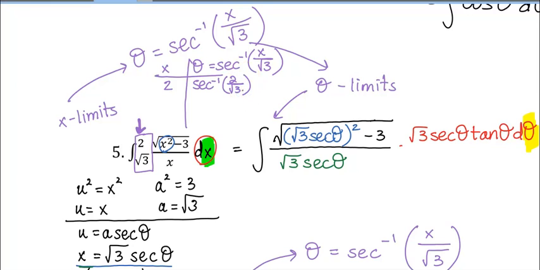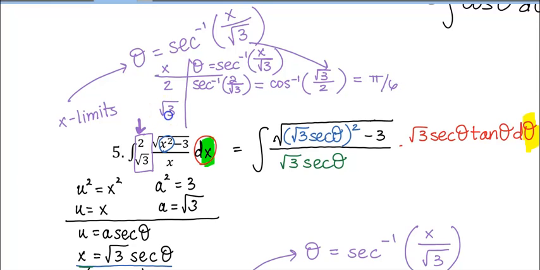This is going back to 172, so if you need help with what I'm writing now, please do reach out to me and let me know. Secant inverse of 2 over root 3 is the same thing as cosine inverse of root 3 over 2. I've taken the reciprocal of what was on the inside. And cosine inverse of root 3 over 2 is pi over 6.